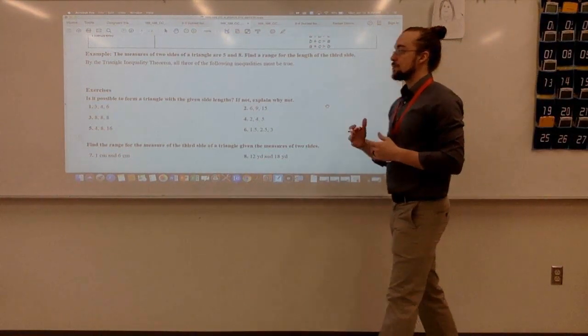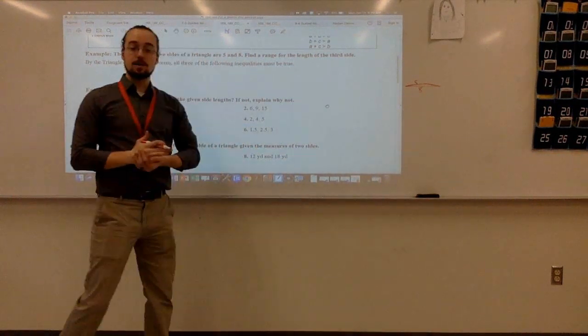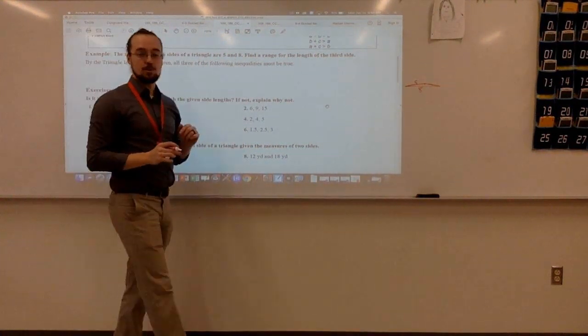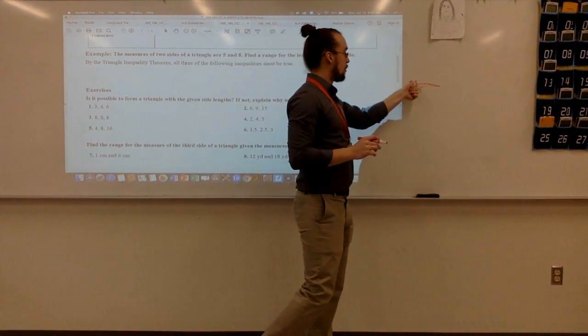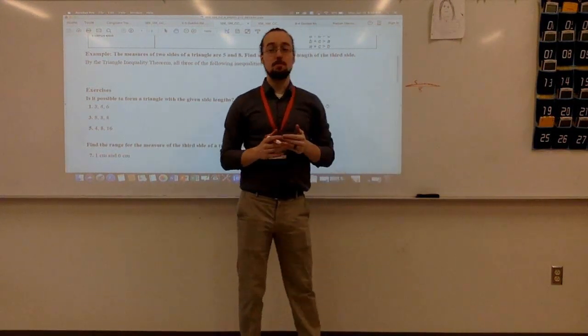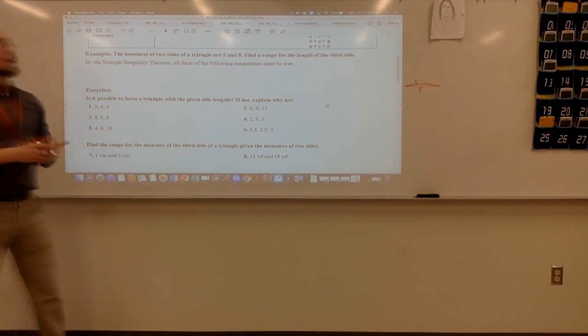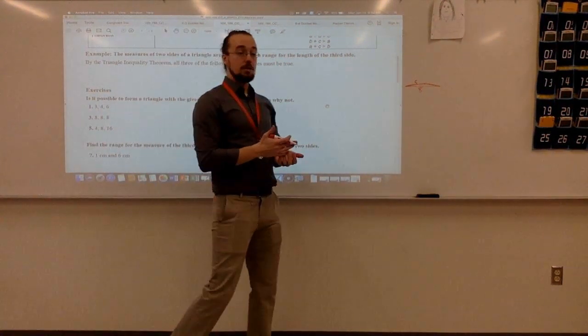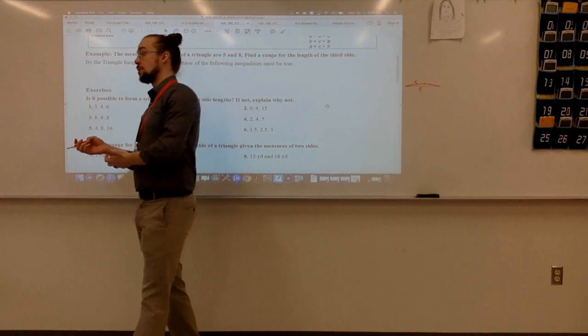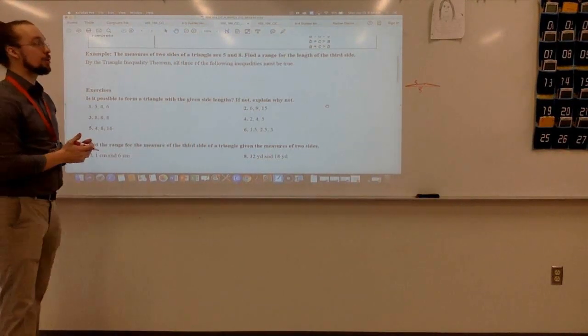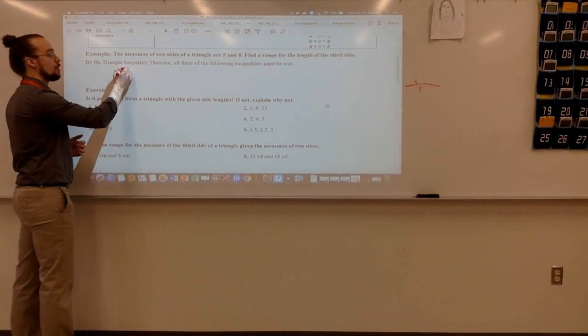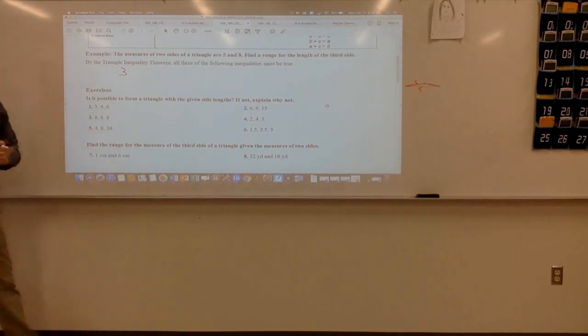All we're going to do to find the smallest that could possibly be is subtract these two numbers. So this side has to be bigger than 3. 8 minus 5 is 3. It could be 3.1, or 3.04. It just has to be bigger than 3. So 3 is the smallest that this side could be.